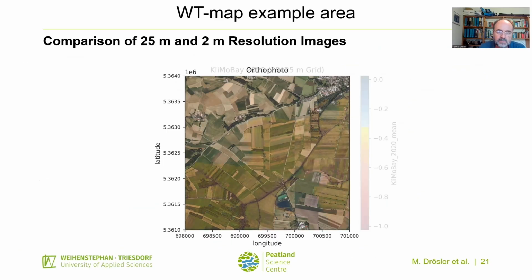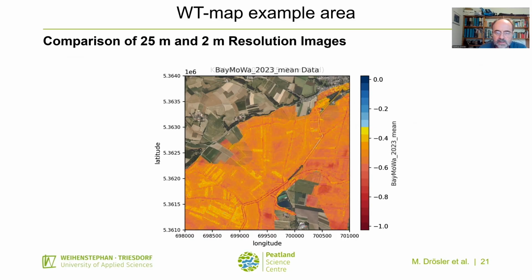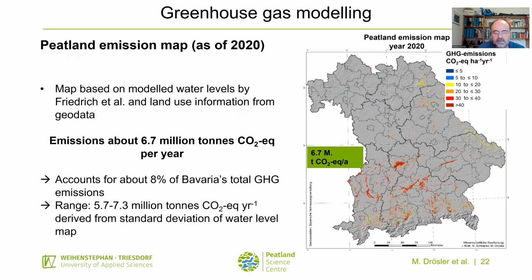Here you have the comparison of the 25 meter grid with the higher resolution 2 meter grid. The resolution is much better now, and there is new information which allows us to have this water table map. This is one extremely important driver for the emissions.